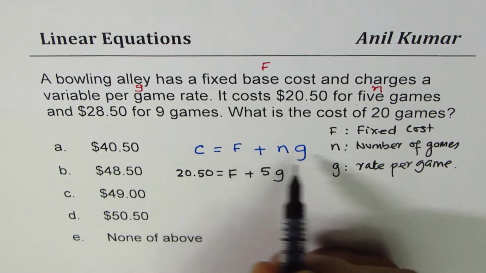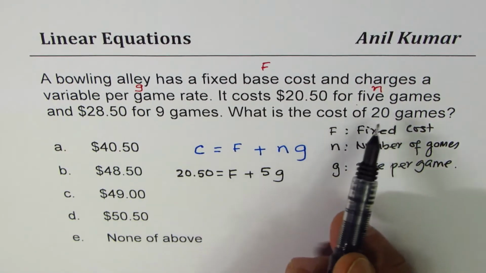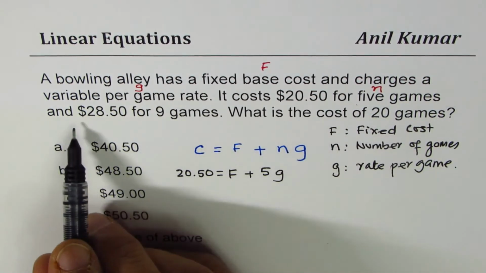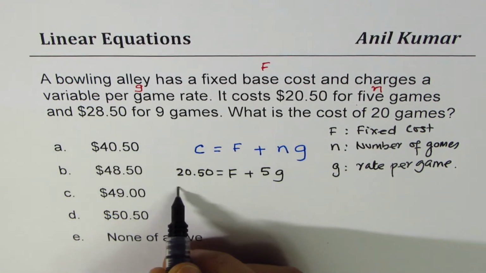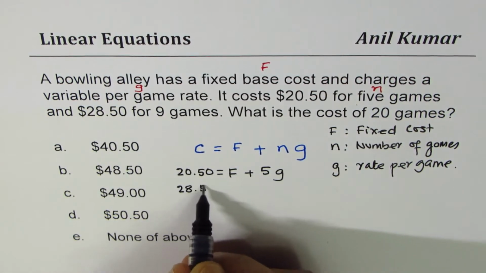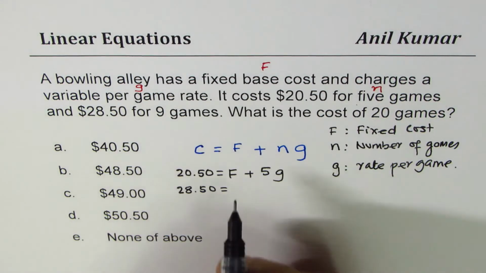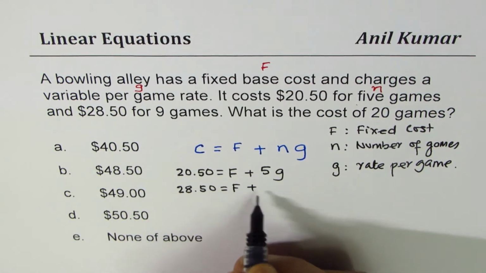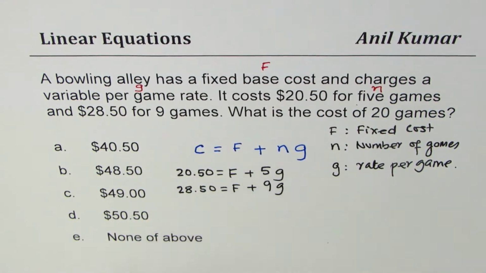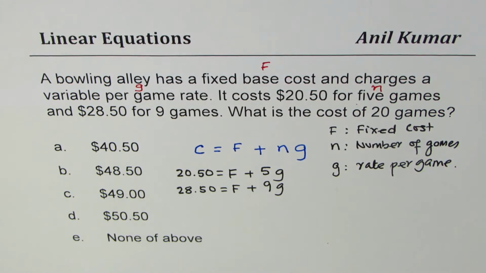So we have to find these 2 values. It is also given that $28.50 is the cost when 9 games are played, so f plus 9g. These are the 2 pieces of information given to us.